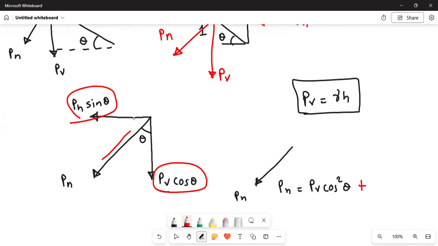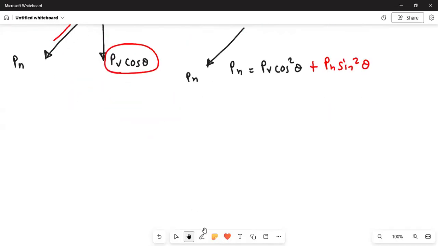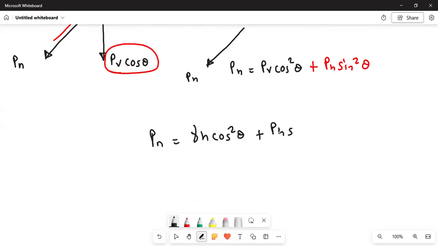So the angle will be sine 90 minus theta, and that will be equal to sine theta. So PH sine square theta. So this is what Pn formula we are getting. Pn equal to, PV is gamma H. Gamma H cos square theta plus PH sine square theta.